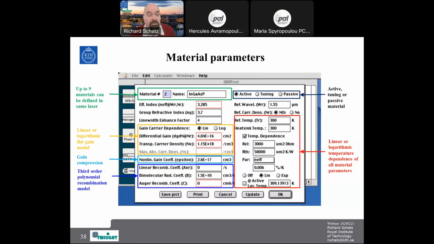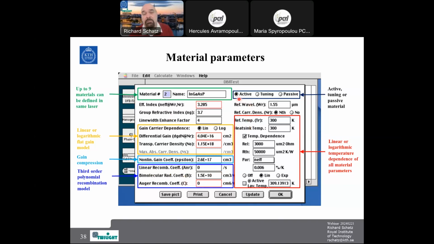Logarithmic gain is for quantum wells, where you put in the differential gain and transparency carrier density, and also max absorption carrier density if you have a logarithmic dependence. Then you have the gain compression, where you put in epsilon, the nonlinear gain coefficient, and then you have the recombination parameters here, both linear, bimolecular, and or Auger recombination.